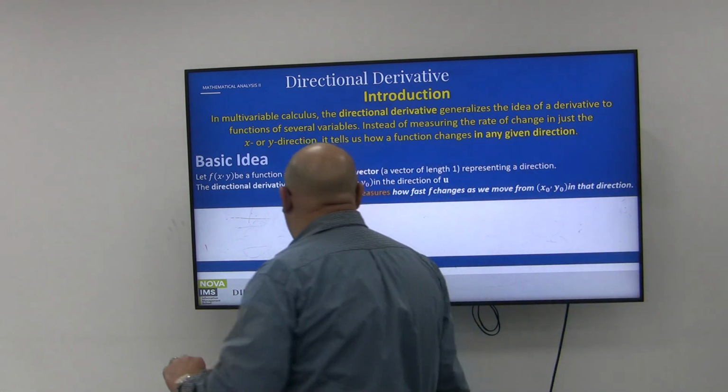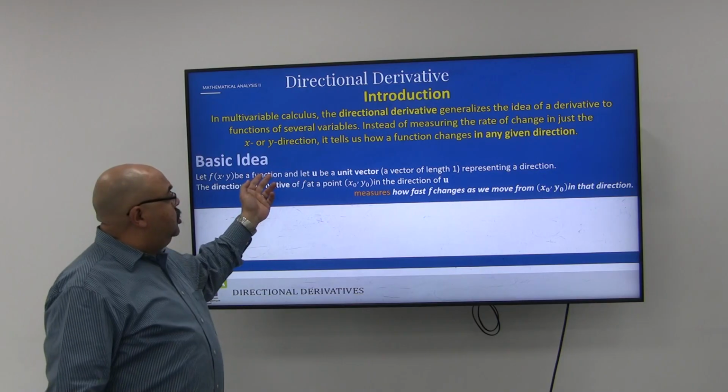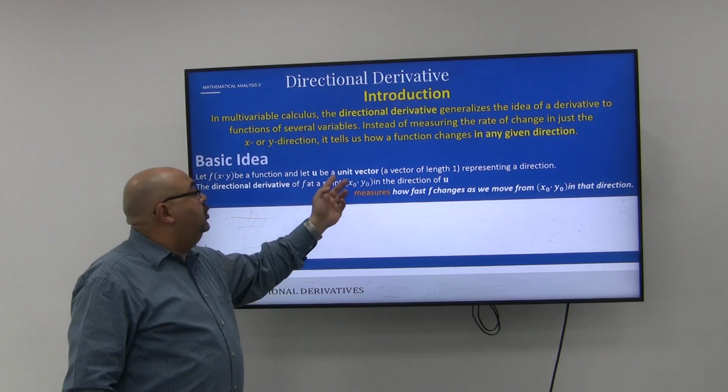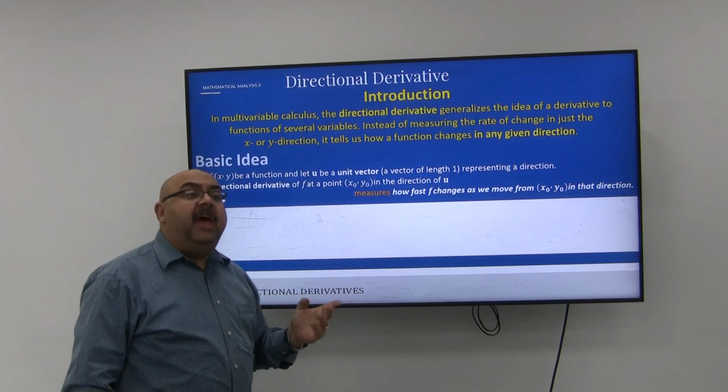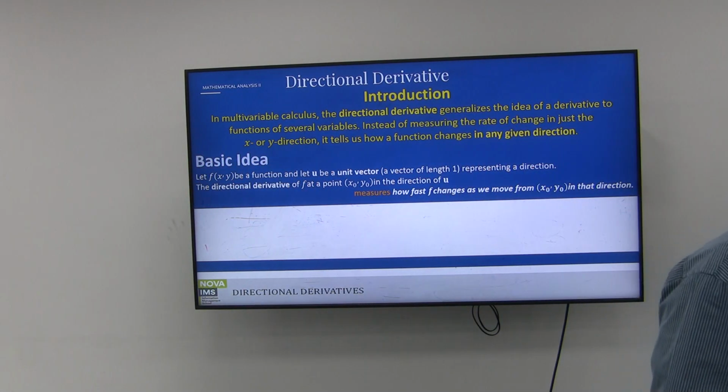The second paragraph states that if you have f of x, y, a function, and let u be a unit vector. Hussein, how to get a unit vector? If I have any vector, I can normalize it, Omar, or make it a unit vector simply by dividing the components of this vector by its norm.